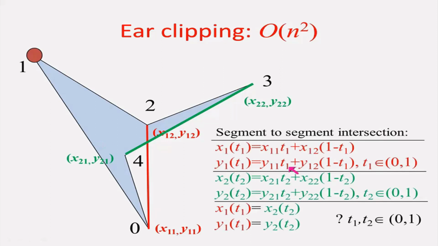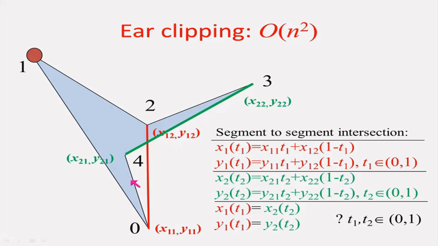So one way of testing two line segments for intersection is the solution of a system of linear equations stating that the intersection point is on both line segments. Solving this linear system of equations, we should check whether the intersection is inside of the line segments, that is, T1 and T2 parameters are in the (0,1) open interval.